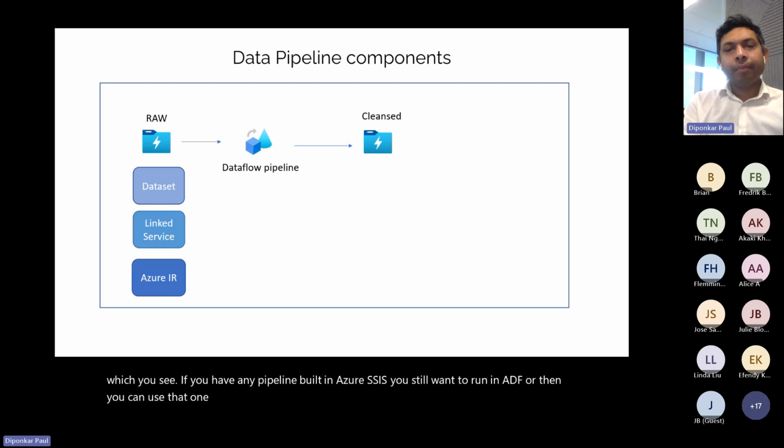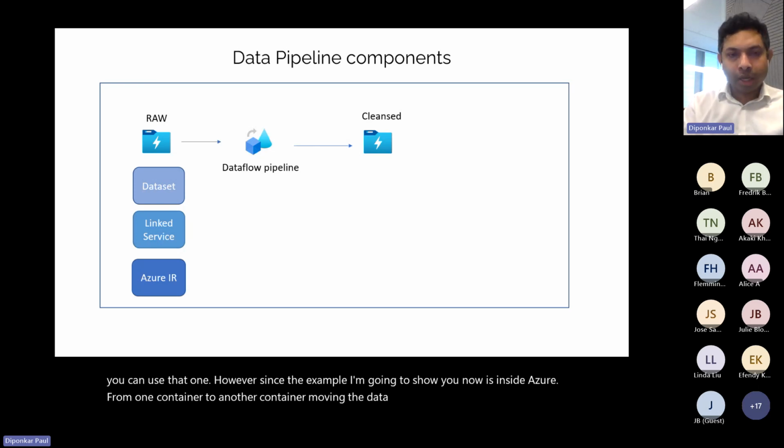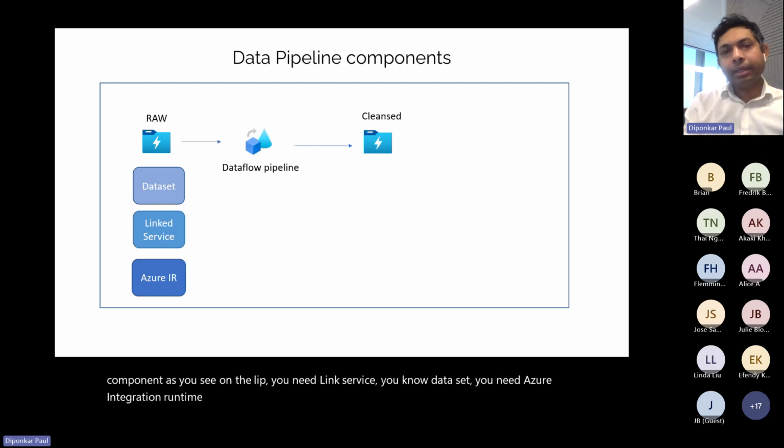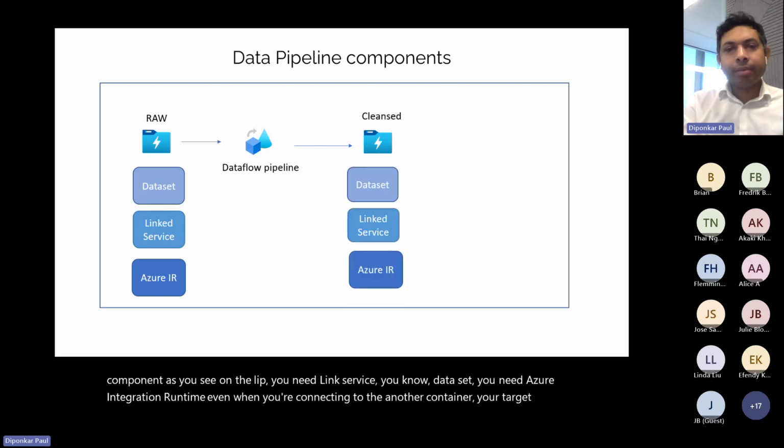However, since the example I'm going to show you now is inside Azure, moving data from one container to another container, I'm using the Azure IR. The same components as you see on the left, you need a linked service, a data set, an Azure integration runtime. Even when you're connecting to the other container, your target, you require exactly the same things.